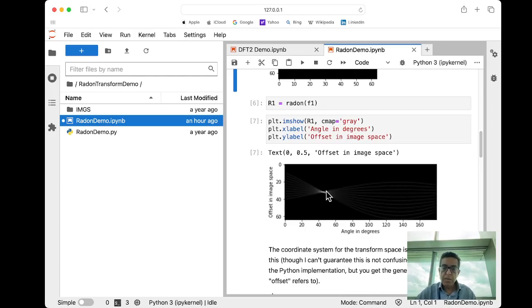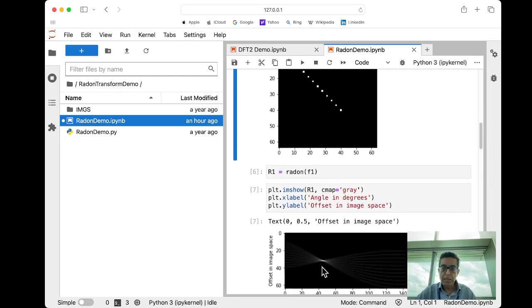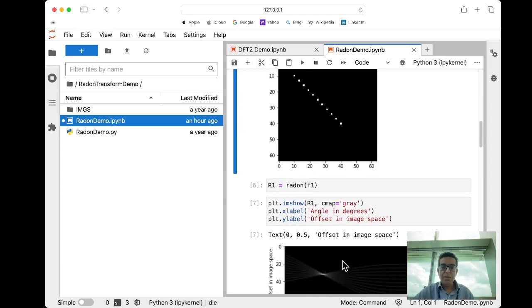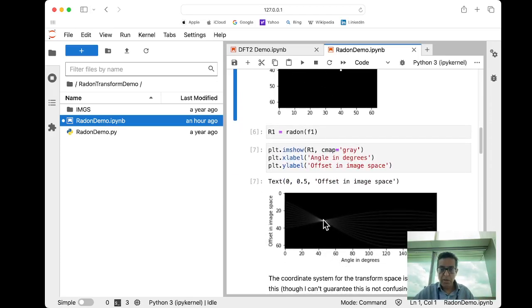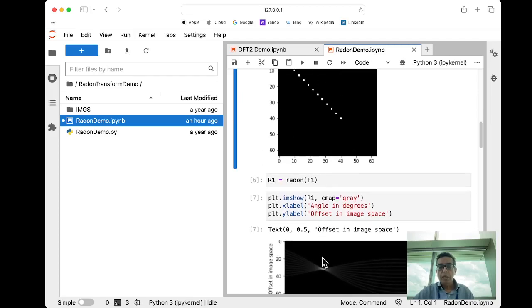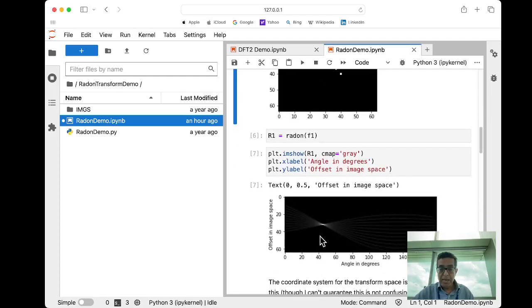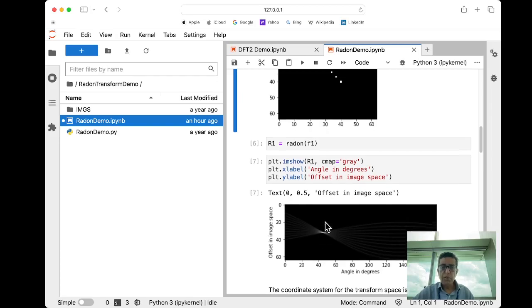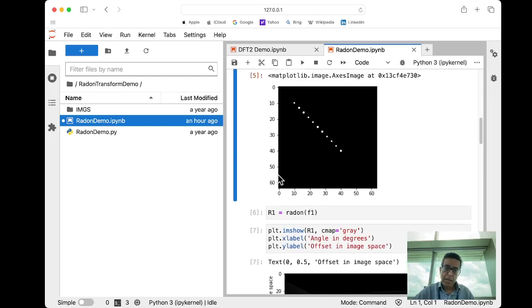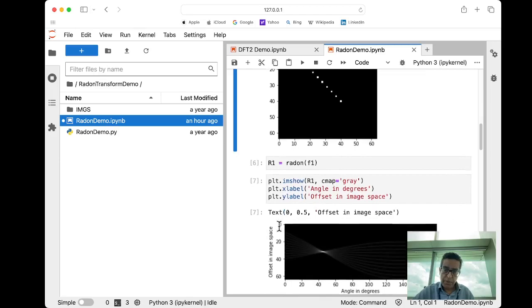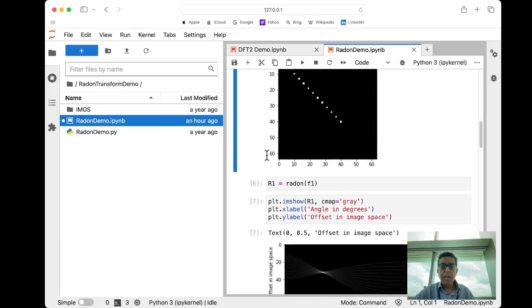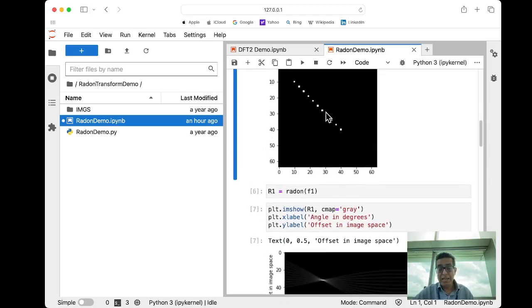And you can see that what happens here is that we get a peak. Well, we get a bright region, let's say. You can't see it's a peak very easily in this, but you get a brightest region there, which corresponds to an angle of around 45 degrees, and the rho value, the position along this axis, is telling you where this line is.